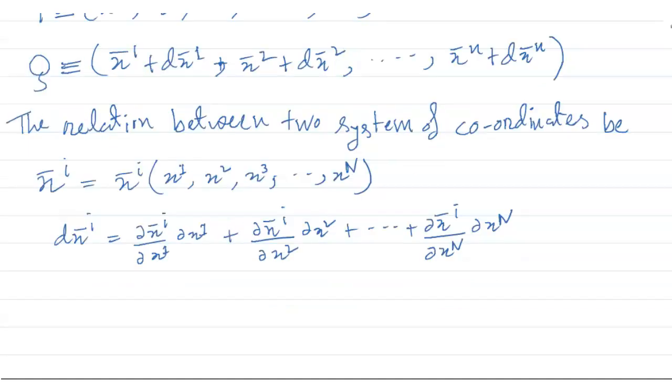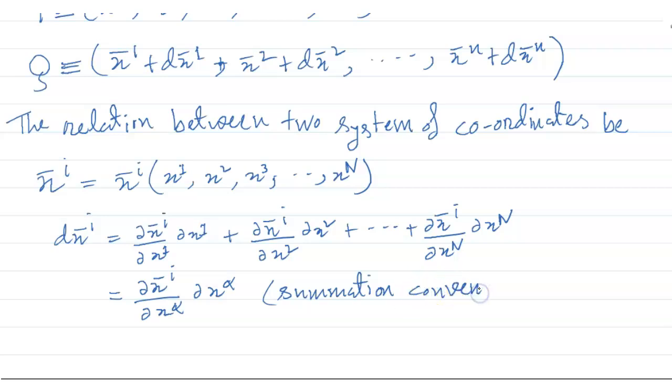And by the Einstein summation convention it can be written as del x bar I divided by del x to the power alpha into dx to the power alpha. This is the summation convention.